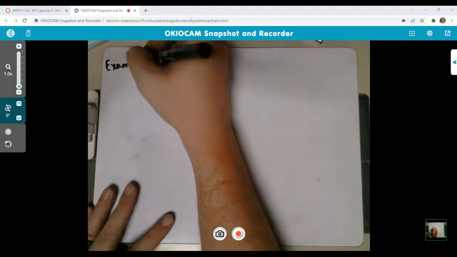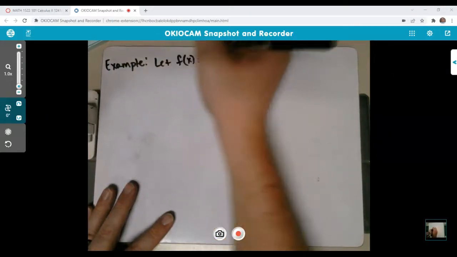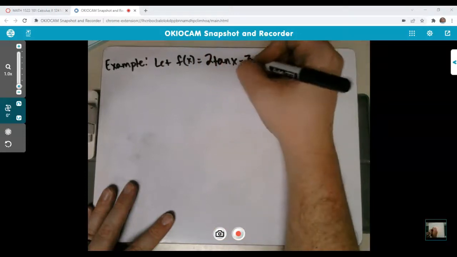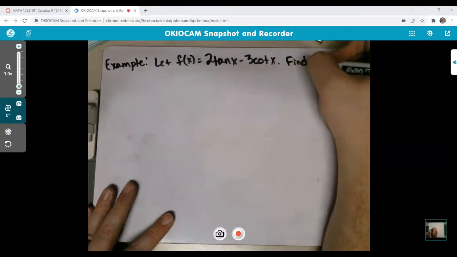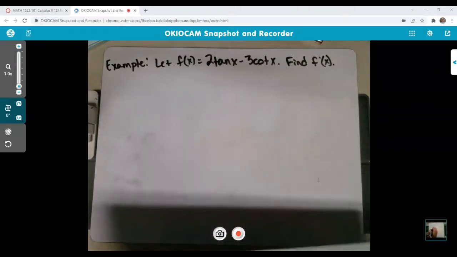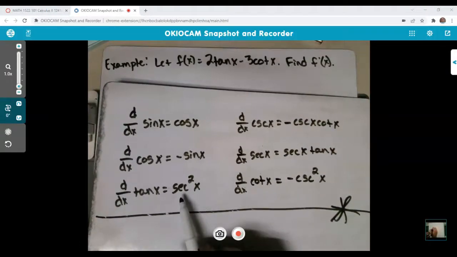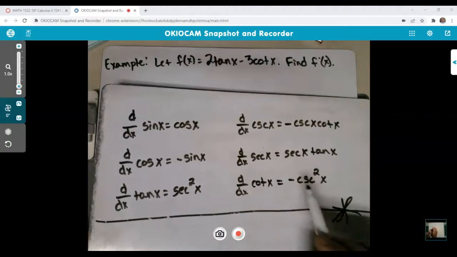Okay, example. Let f of x be equal to 2 tangent x minus 3 cotangent of x. And I want you to find the derivative of that. From our list of trig derivatives that you need to know, the derivative of tangent is secant squared, and the derivative of cotangent is negative cosecant squared.